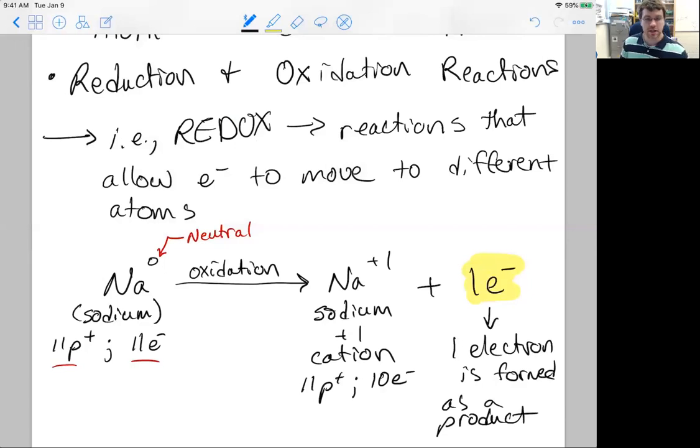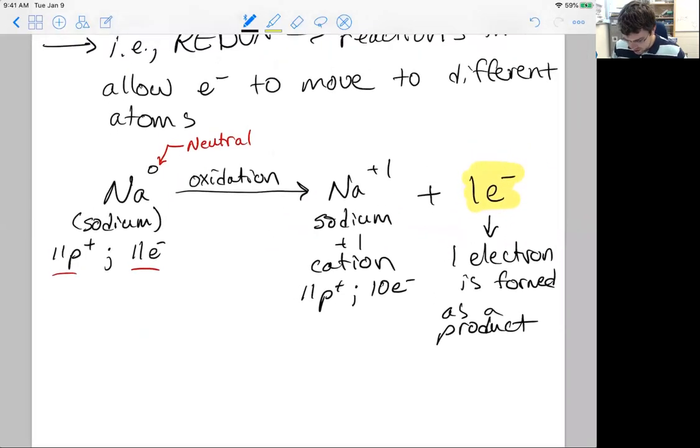This is what an oxidation is. An oxidation is a process where we take one element and we convert it into something that has lost an electron, or maybe more electrons. Conversely, what we could do is we could take another element. This is going to be a Cl, so this is chlorine, 0 charge.